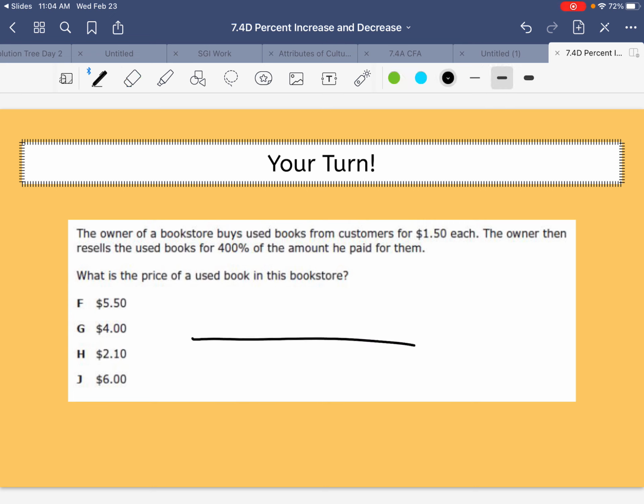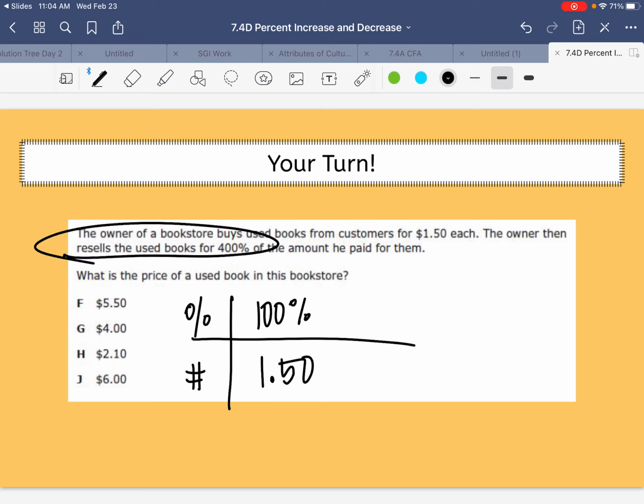If I am comparing percents to the number values, I know that 100% is the same as the $1.50 that he paid. But he resells them for 400% of the amount he paid. So if 100% is $1.50, then what would 400% be?